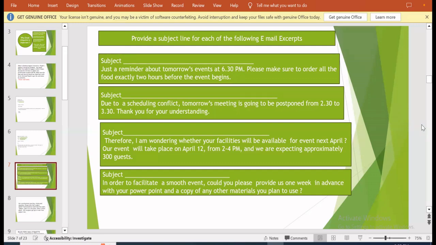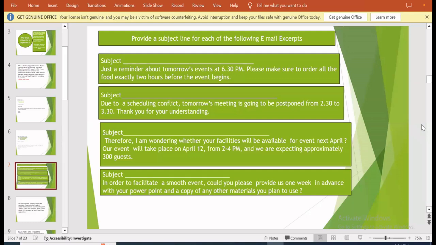If you understand your subject and content in a better way, you can find the relevant things. Sir, required in advance for necessary facility for the event. It may be a request for submission of the PowerPoint and material. You are actually requesting here.